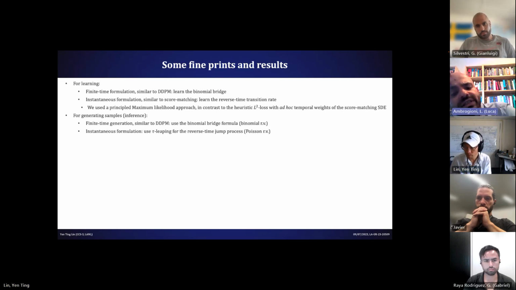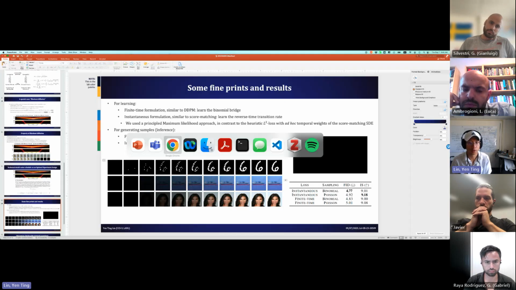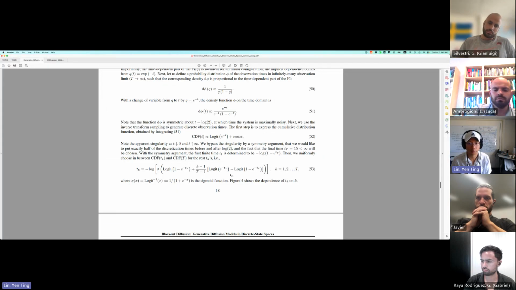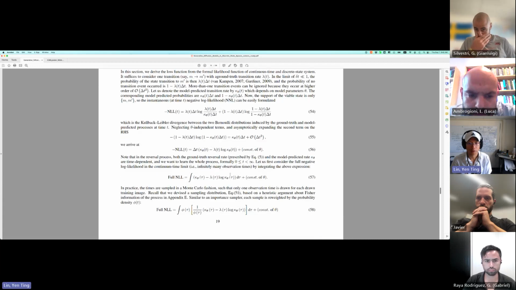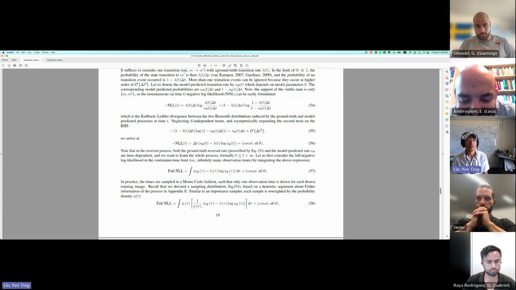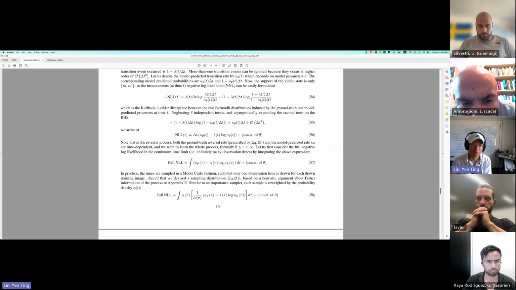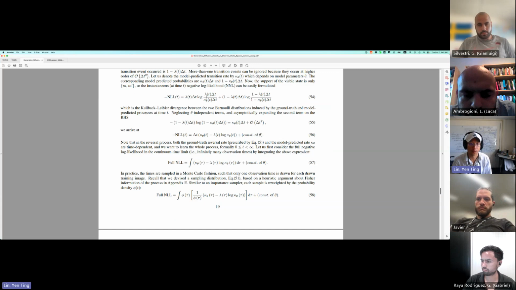What kind of loss are you actually using? Let me quickly jump to it. I didn't put it here because it's too nerdy. So here is a negative log likelihood. It's an instantaneous log likelihood, so you have Poisson rates there. This is what your neural net predicts. And then there is what you computed using the theoretical reverse time rates.